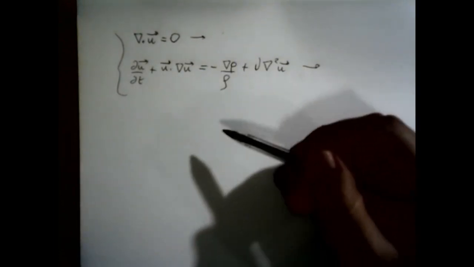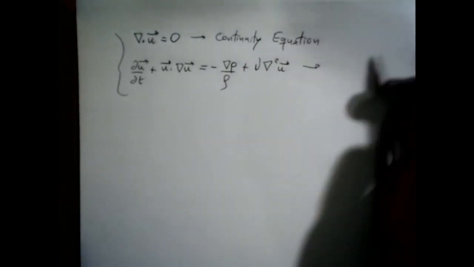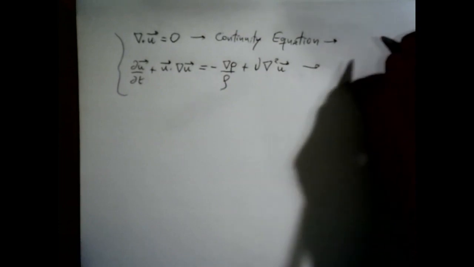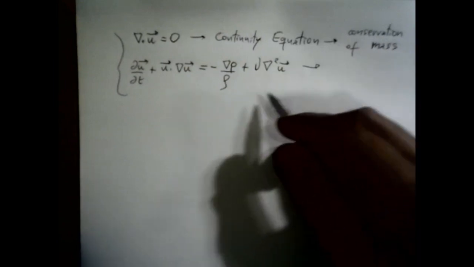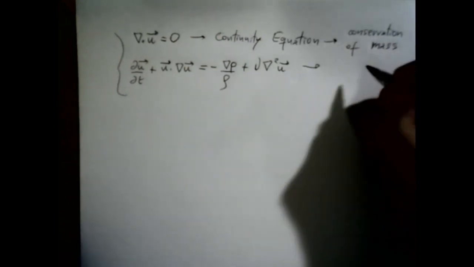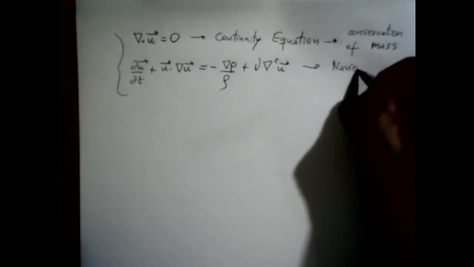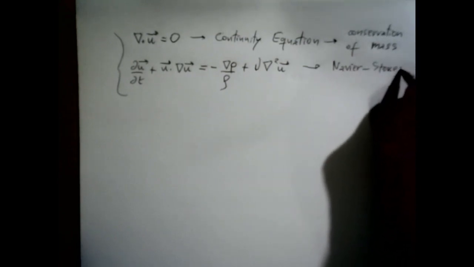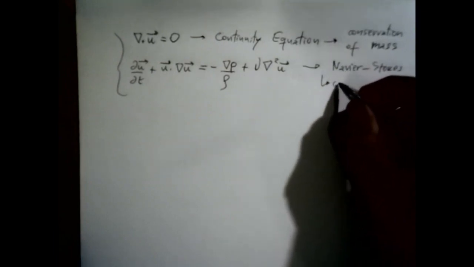If you may recall, here we have the continuity equation, which is a conservation equation for mass, and here of course is the Navier-Stokes equation, which is conservation of momentum.